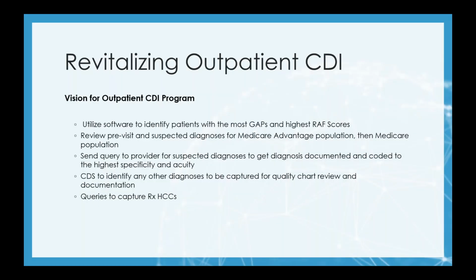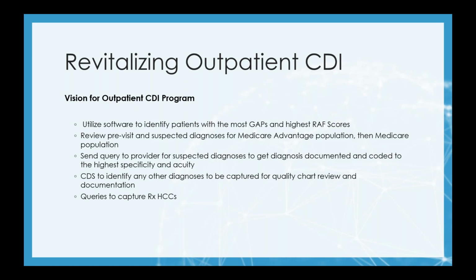And so this here is just the vision for outpatient CDI. And so if you have that software that's able to give you those risk adjustment scores or those missing gaps, you can utilize that software to identify your most important patients. Maybe have them come in for a visit so that we can address these issues, not only for payment issues, but also for the quality of the patient care.